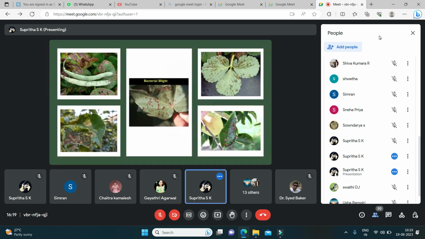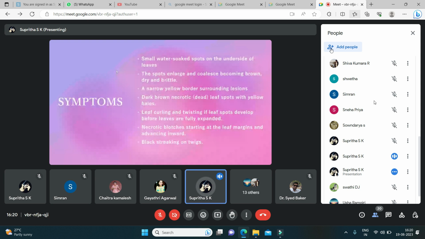If we observe this picture, we can see a narrow yellow border which surrounds the spots or lesions. These are some of the symptoms of bacterial blight, which I have listed here.